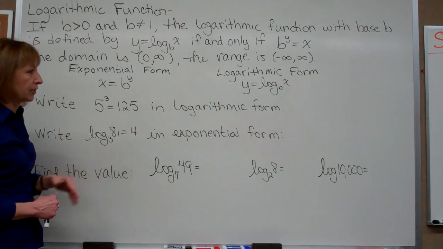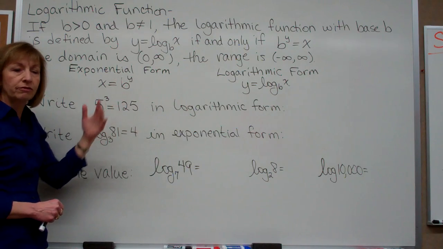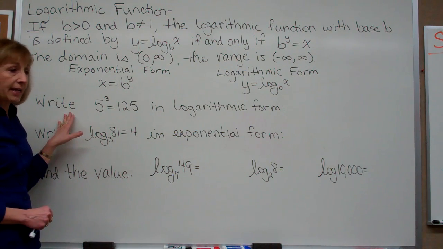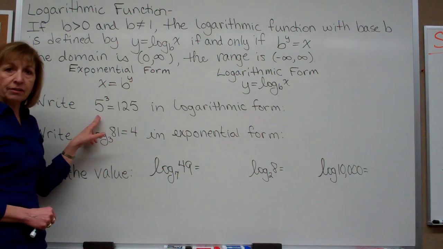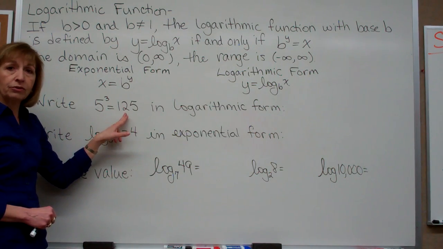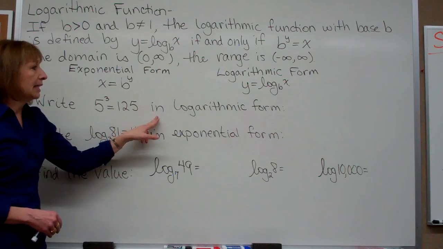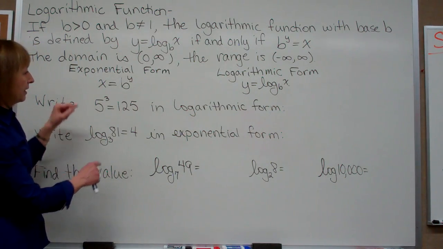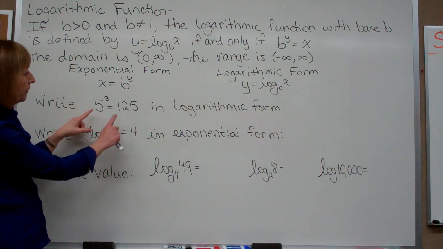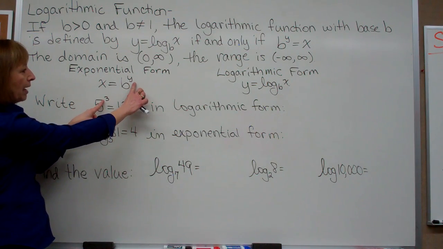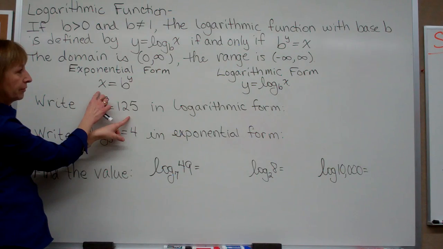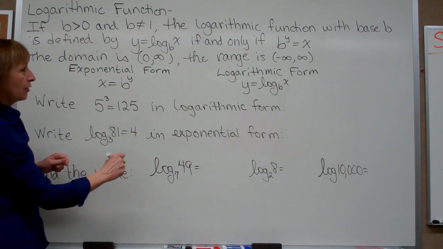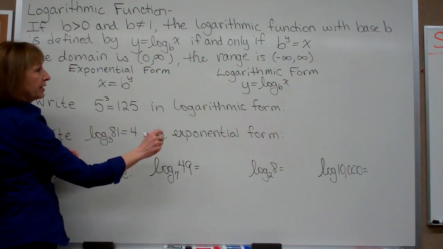Okay, so here's a few questions that we can apply the information from the definition to answer. The first one says, write this equation, 5 to the third is equal to 125, a true statement, in logarithmic form. Well, right now it is in exponential form. Notice I have a base to a power is equal to a value. So when I write this in logarithmic form, I want to notice what each component represents.